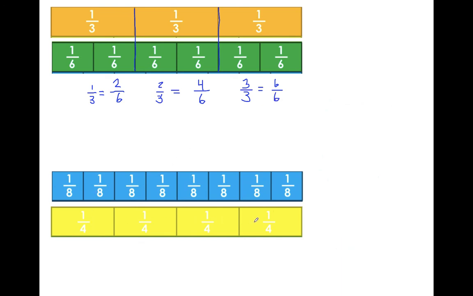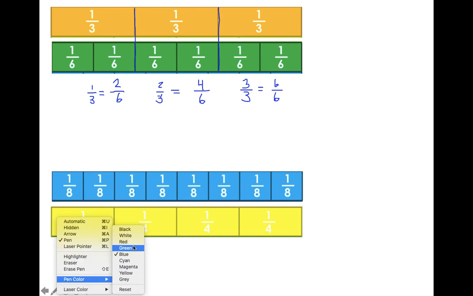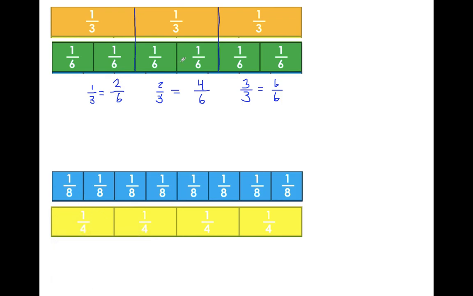Now the same goes for our fourths and our eighths. Now if I were to ask you, okay, if I have 2 eighths, how many fourths does that equal? You can see here 2 eighths is going to equal 1/4.